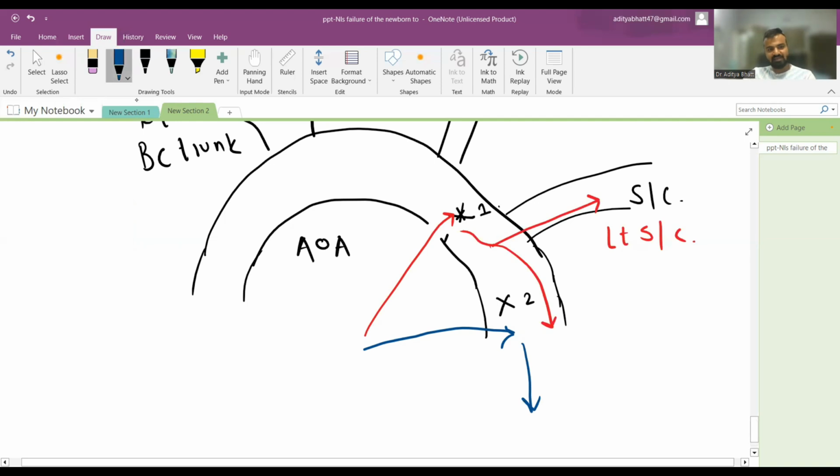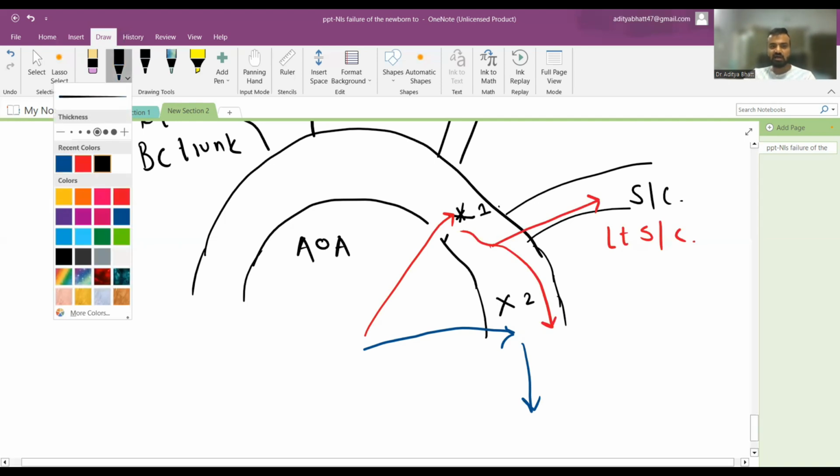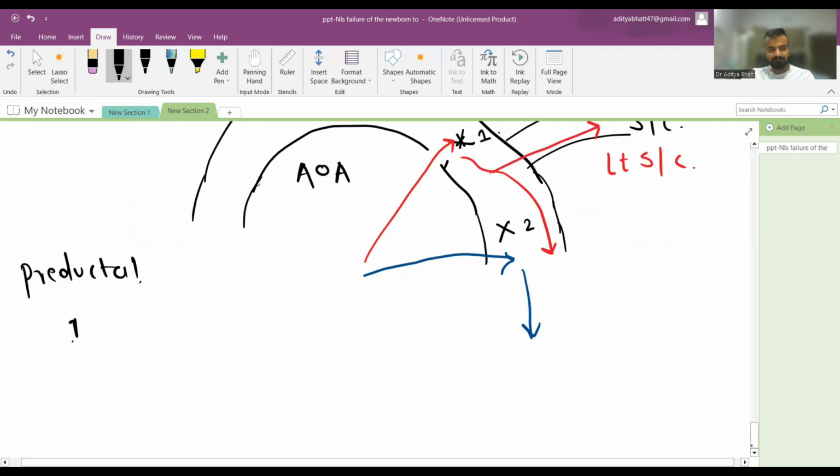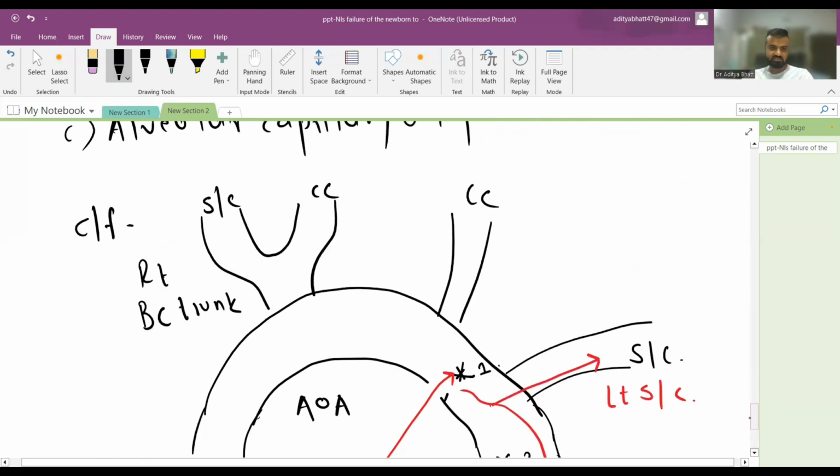So see, simple thing is that the circulation which exists before ductus attachment is known as preductal. Now, in the example number 1, preductal is the right upper limb, the circulation of the right upper limb is over here.